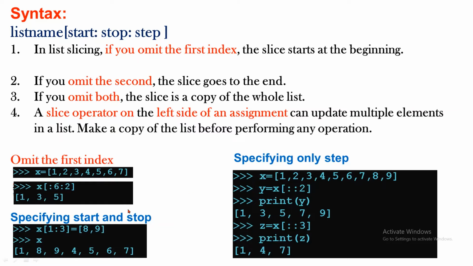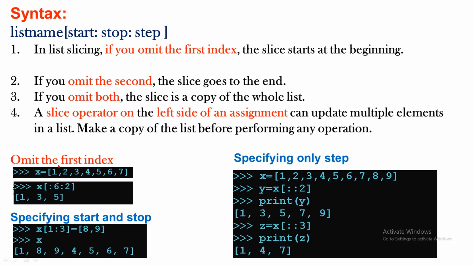Next, I specify start and stop, and then I omit the step parameter. So here you can see that it is being used on the left-hand side of the assignment statement. X of 1 colon 3, start is 1. So it starts from the element with the index 1, and it goes till the element with the index 2. It will not go till 3; 3 means it will go till the last element, that is, length minus 1. So it will go till the element with the index 2.